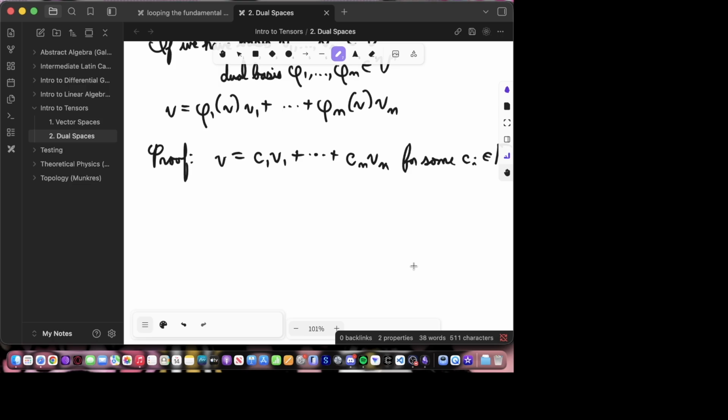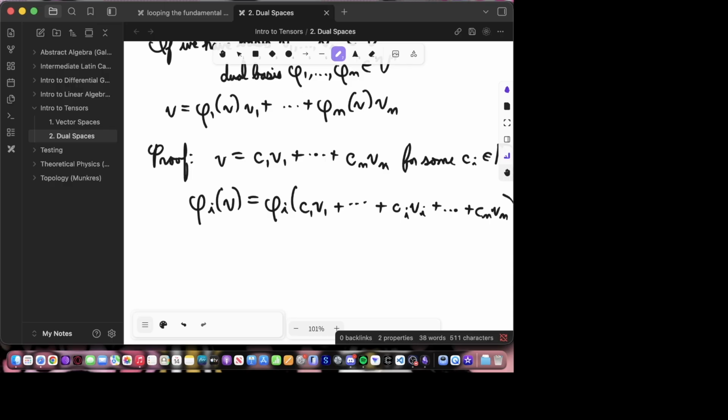We also know, by the definition of a dual basis, that phi i of v is going to be equal to phi i of c1 v1 plus dot dot dot plus ci vi plus dot dot dot plus cn vn.